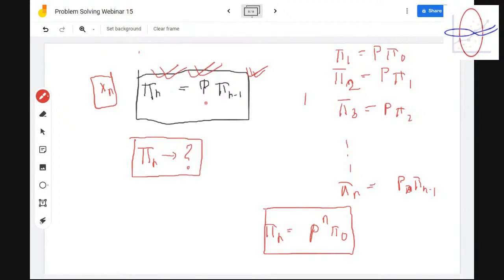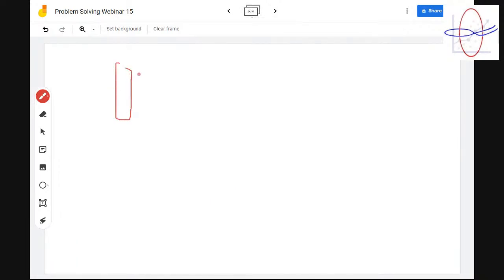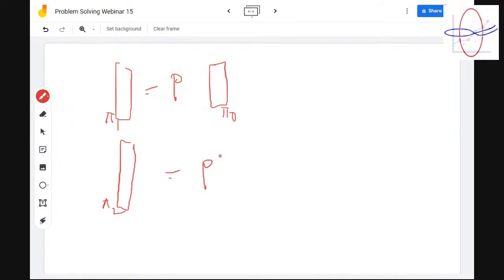Okay. So now understand that pi 1 is this matrix multiplied with a vector. Pi 1 is P times pi naught.